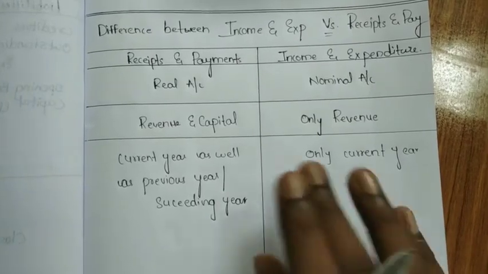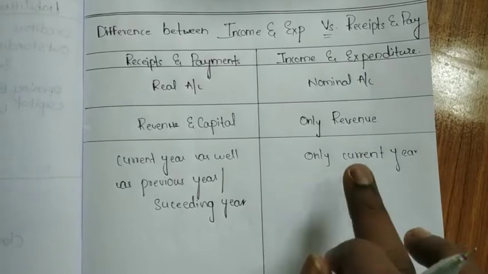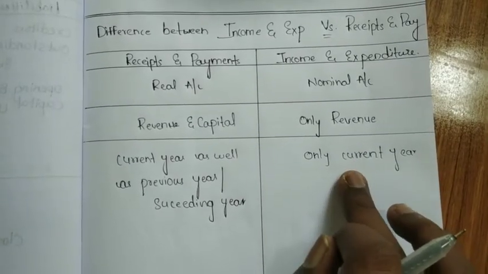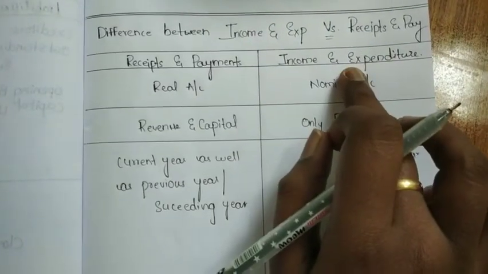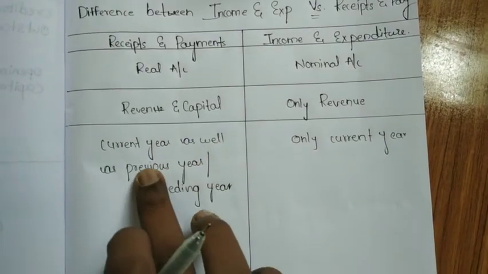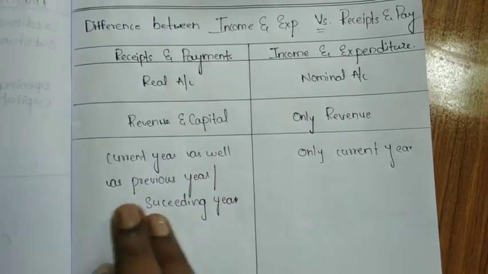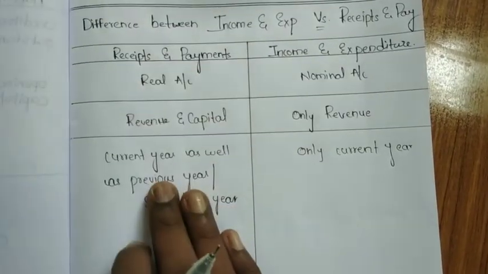That advance expenditure will not be considered. Only transactions relating to the current year will be considered under income and expenditure, whereas all the receipts and payments done during the year, relevant to the previous year, succeeding year or the current year, will be considered in receipts and payment account.